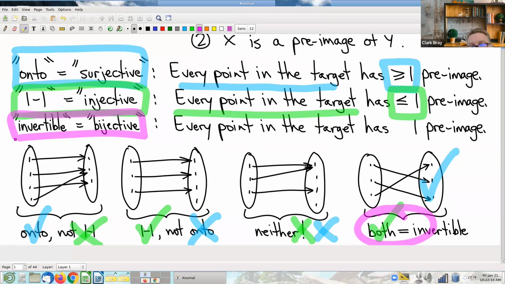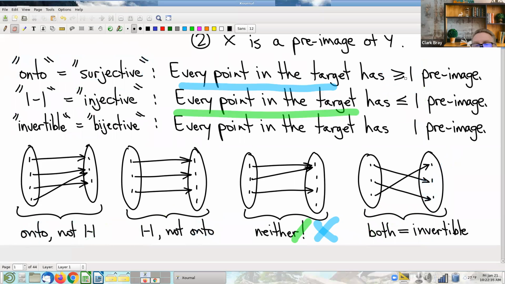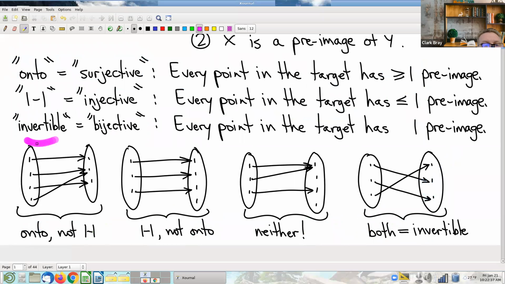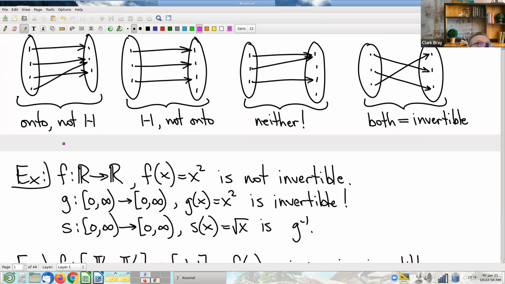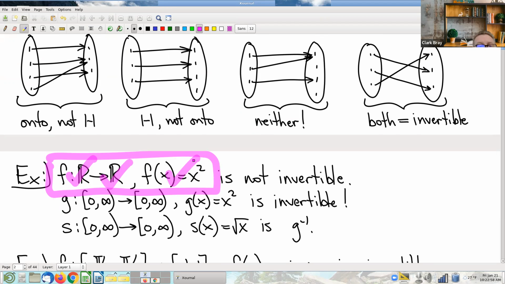So, okay. All right. So now this is actually kind of why we care about all this nonsense, because invertibility is important. We need to be able to invert functions, and a lot of people are a little too casual as to how they go about inverting functions. And so, for example, this function right here, domain, target, rule of assignment.